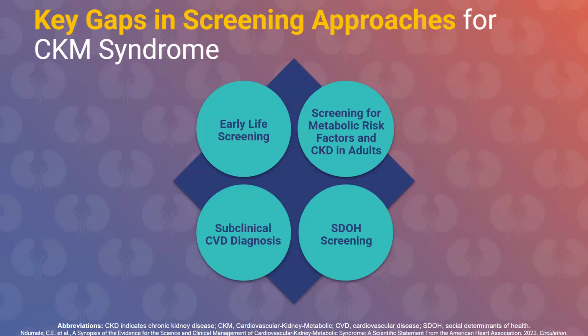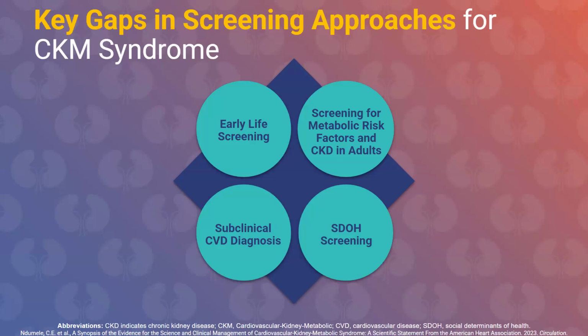Certainly the US Preventive Services Task Force and others do not advocate early screening, although I think there's going to be a shift based on other studies that are coming out and the notion of the CKM syndrome. So perhaps this will lead to earlier and earlier screening and induce preventive efforts at not just the individual but the community level.